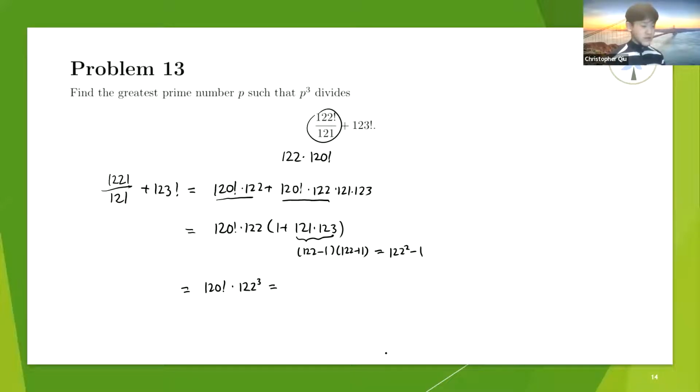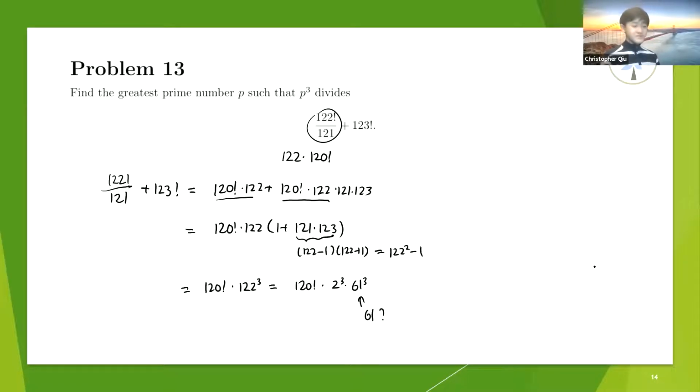And so now we can notice that we basically have somewhat of a prime factorization of this number, because technically we can factor 120 factorial as whatever that thing is, but we notice that we want to find the greatest prime number p such that p cubed divides this number. And looking at the board right now, the greatest prime number that divides this number that I can see directly is 61.